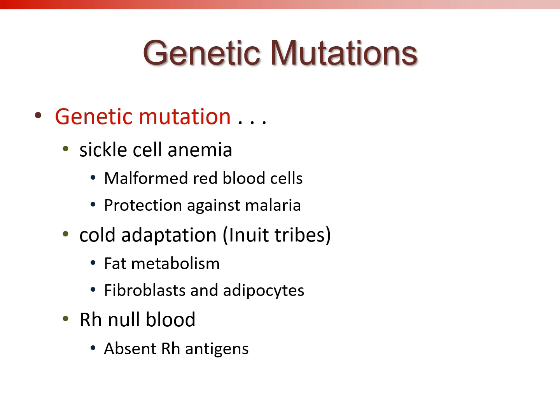Cold adaptation is another interesting genetic mutation. And we think that this one comes from maybe even Neanderthal times, or certainly some archaic human beings. And what happens here is that fat metabolism got altered somehow.